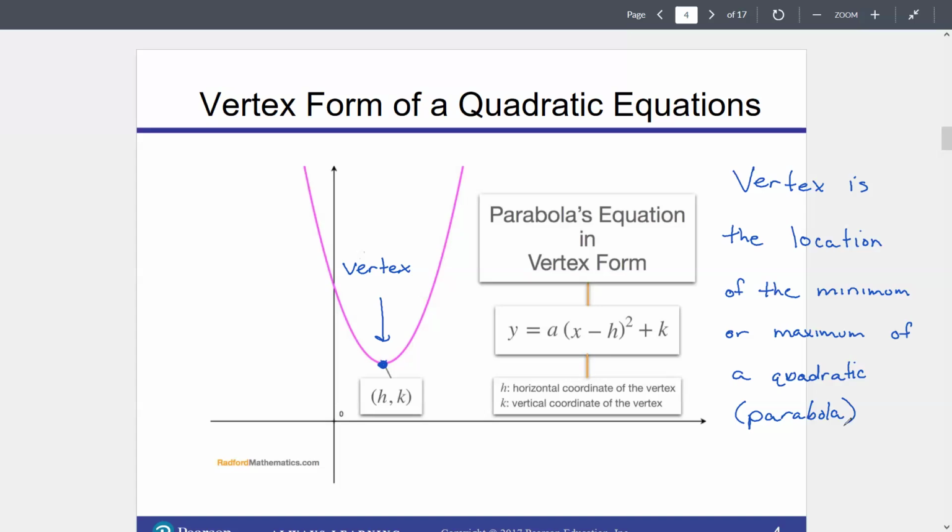So when we have vertex form, remember that if I'm shifting to the right, I have to subtract the h, so we get x minus h. To go up, that has to be positive, so I add the k. So vertex form is y equals a(x minus h) squared plus k.